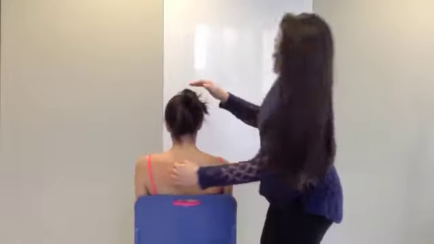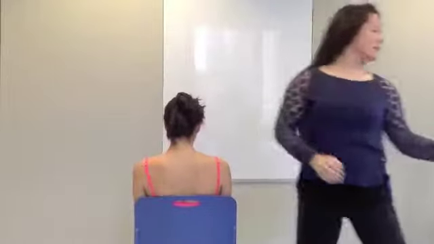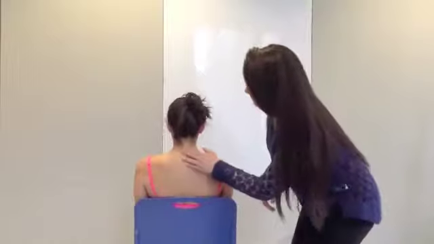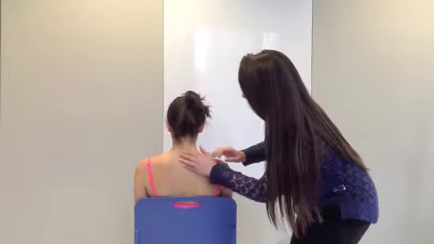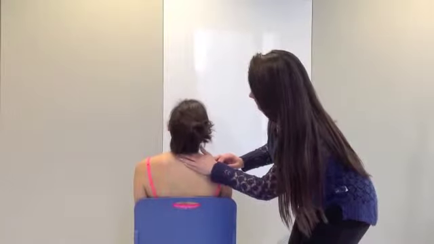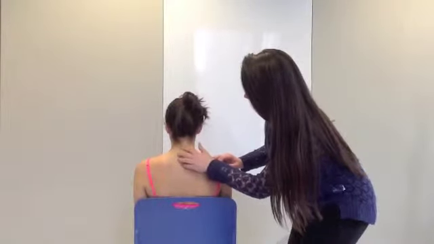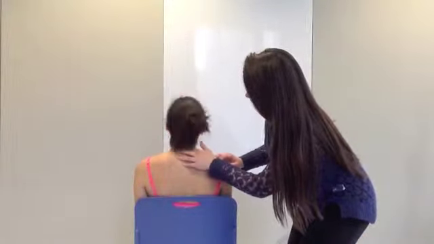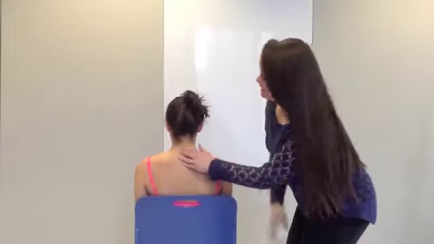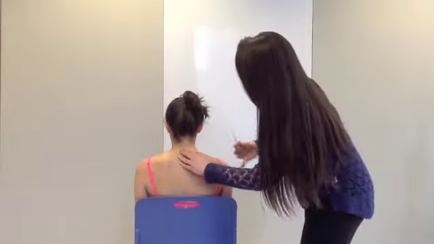Sound okay? Great. So now, what I'm going to do is I'm going to find my landmarks. So I'm going to palpate for a bony landmark back here. Can you go ahead and look up at the ceiling for me? And back down. Perfect. And then back up for me. And down. Great. So that's where her C7 spinous process will be. So I'm going to use this.